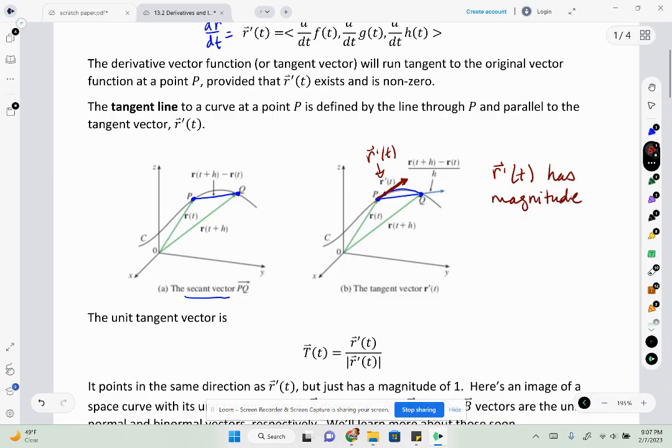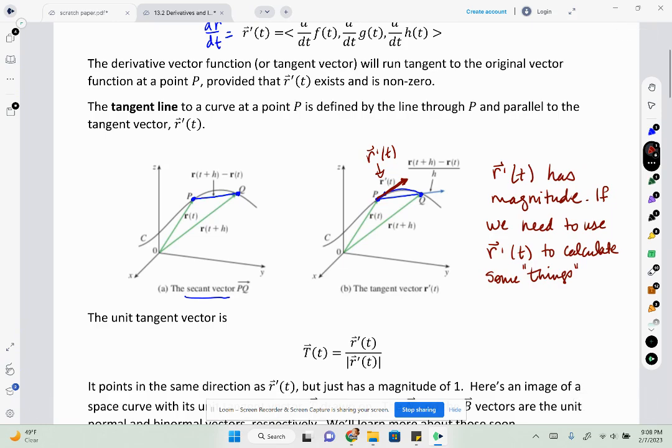That's not a bad thing, but if we need to use r prime of t to calculate some things, and I can't get very specific on what those are yet, but it'll come up throughout the semester, its magnitude will mess up some calculations, not all.